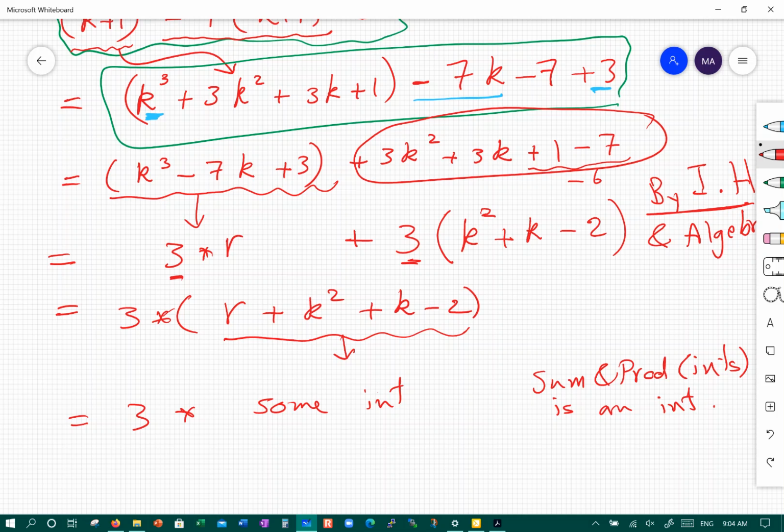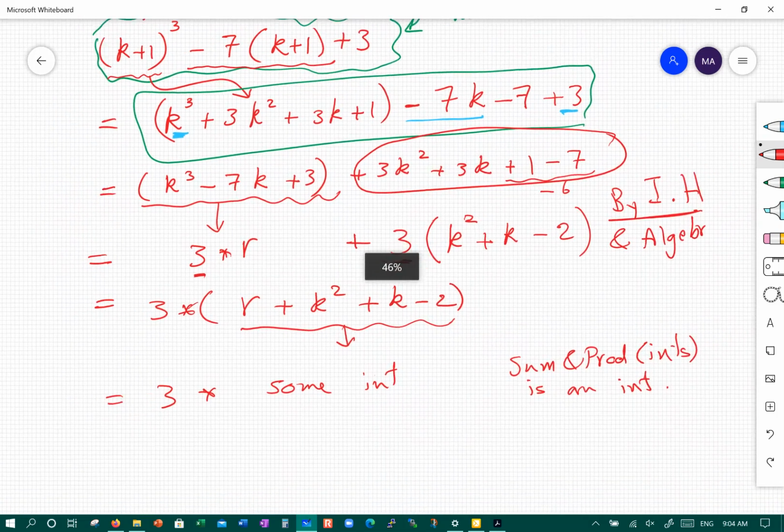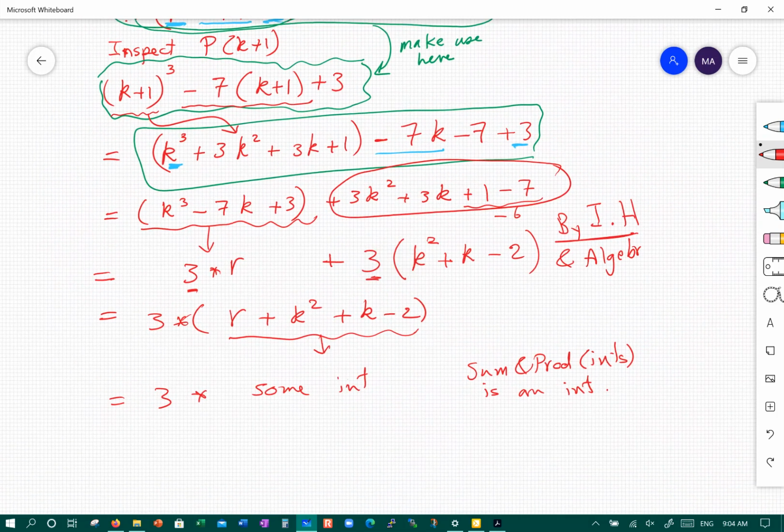So now the expression for p of k plus 1, which we started as this expression, we reached the conclusion that it equals 3 times some integer.